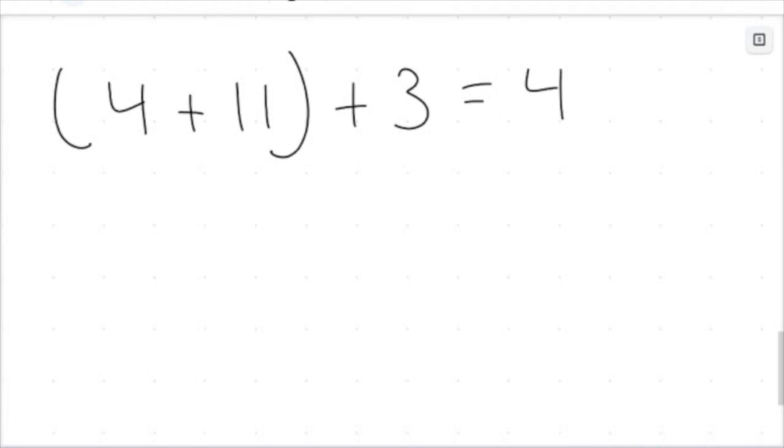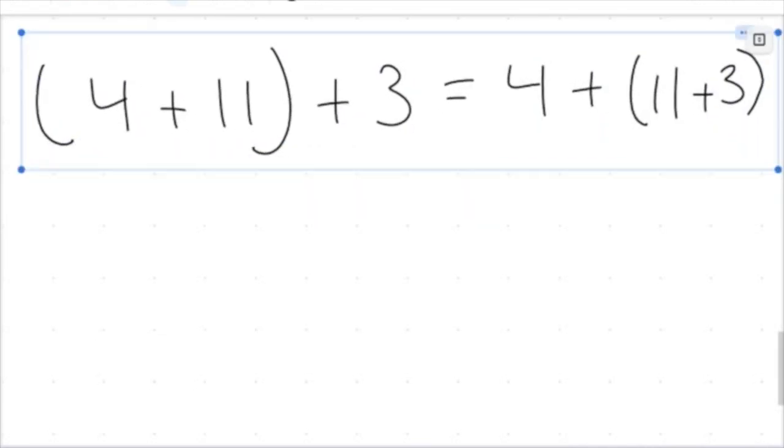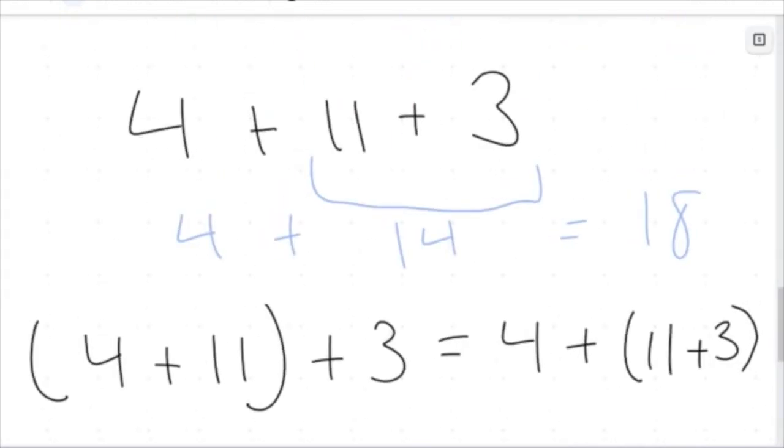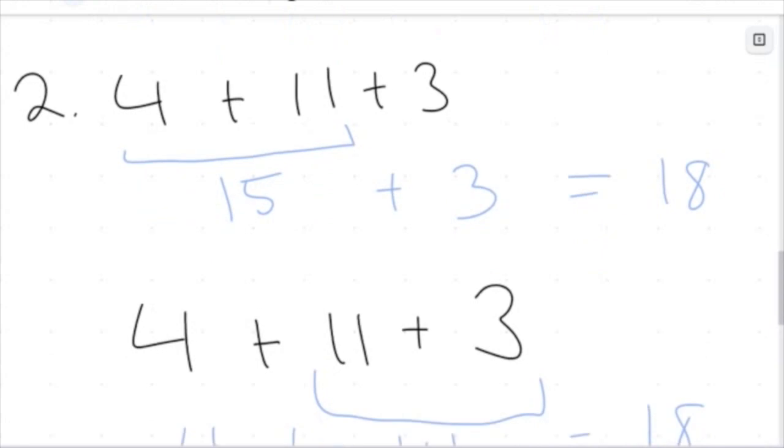I'm writing here the order that we added these things in. So let's fix that. And let's center this. Showing this thing here, see how at the top I added the 4 and 11 first?